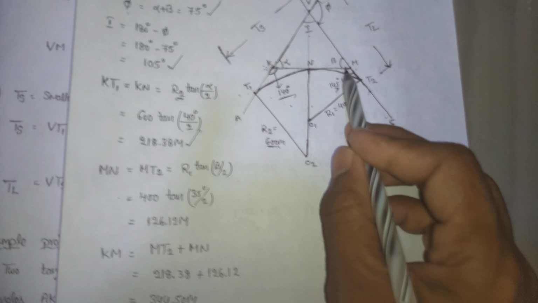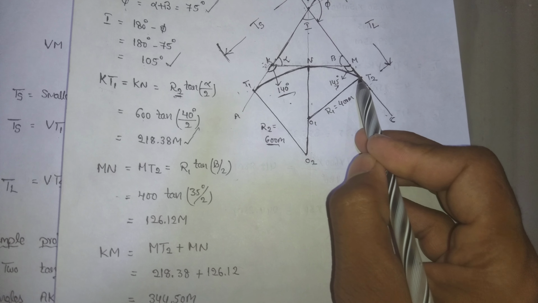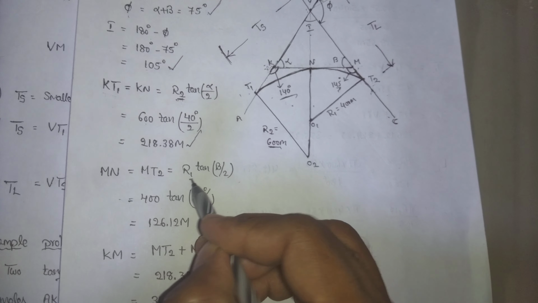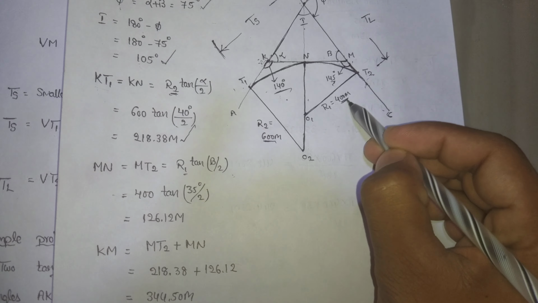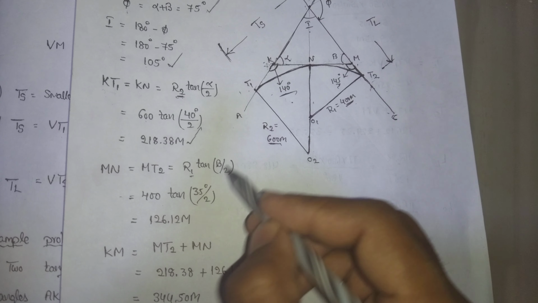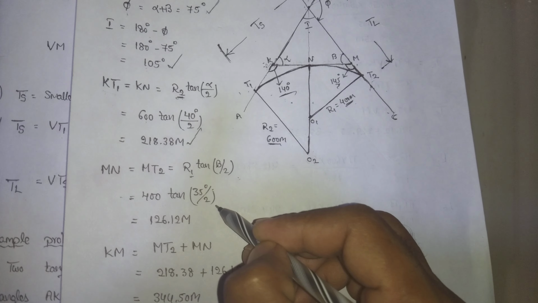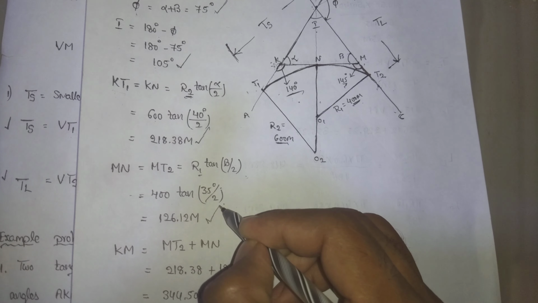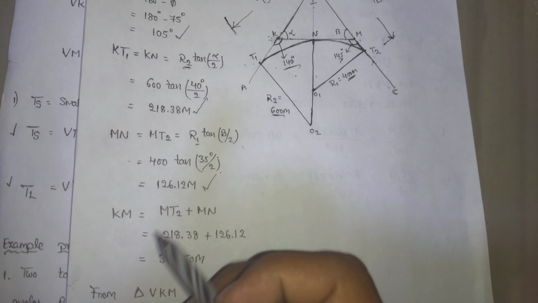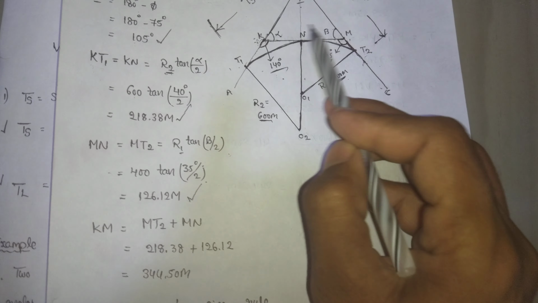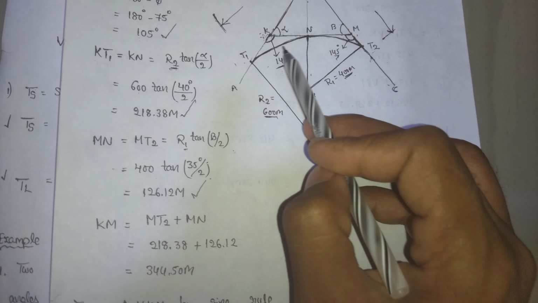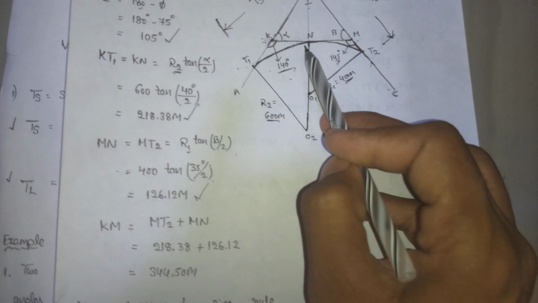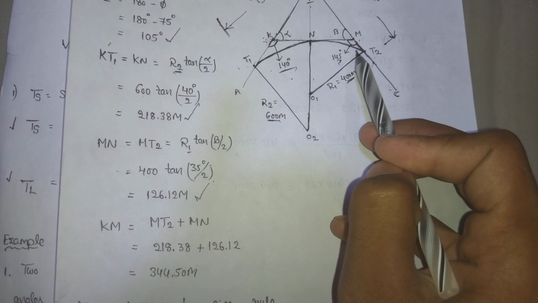Similarly, MN is equal to MT2, which is radius R1 into tan beta by 2. The R1 value is given as 400 meters and the beta value is 35 degrees by 2. Finally we get 126.12 meters. Here KM is equal to MT2 plus MN.